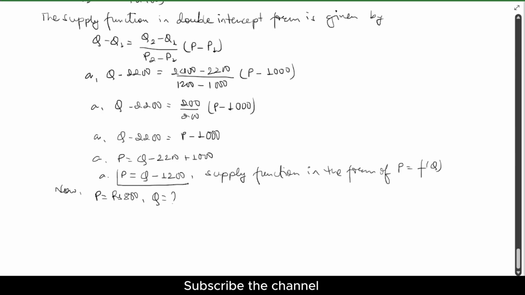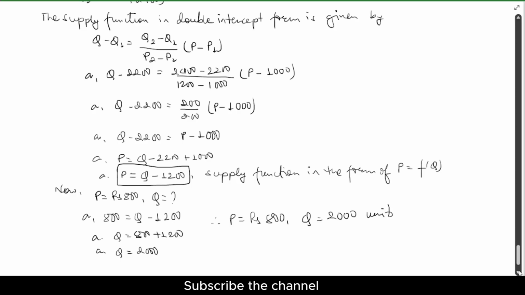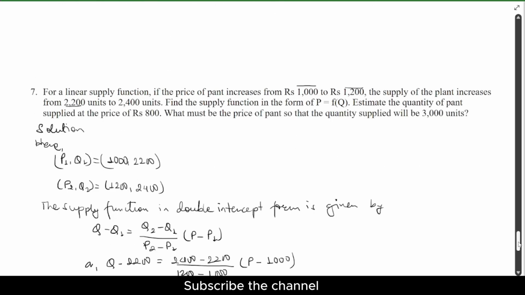We'll substitute the value in this equation: P equals 800 equals Q minus 1200, or Q equals 800 plus 1200, or Q equals 2000. Therefore, when the price is rupees 800, the quantity will be 2000 units.